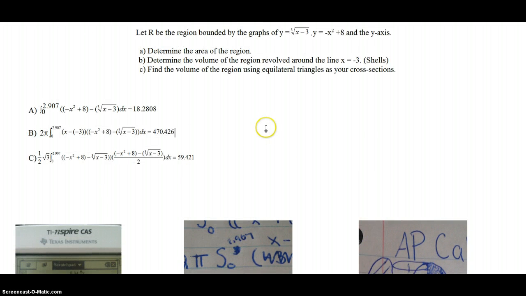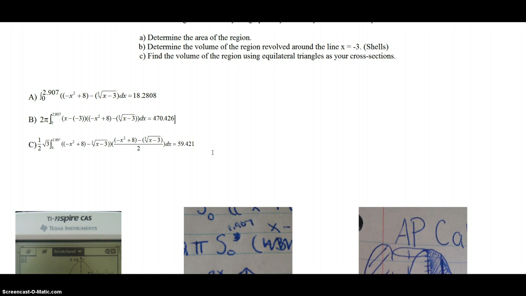So the first part of the problem is that we have to determine the area of the region. So this is how you do that. It's the integral from 0 to 2.907, and those are the limits of integration, and you get those by setting the cube root of x minus 3 equal to negative x squared plus 8 and solving for x. And you end up with two answers: 2.907 and negative 1.135.